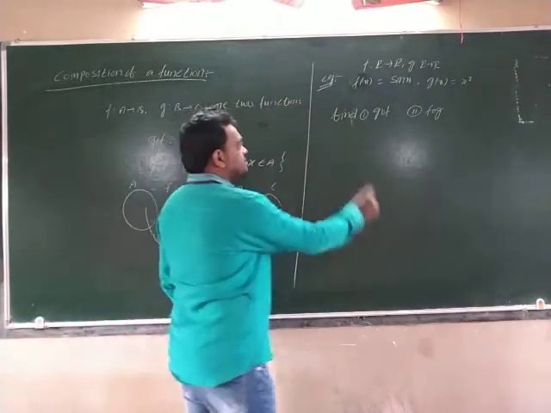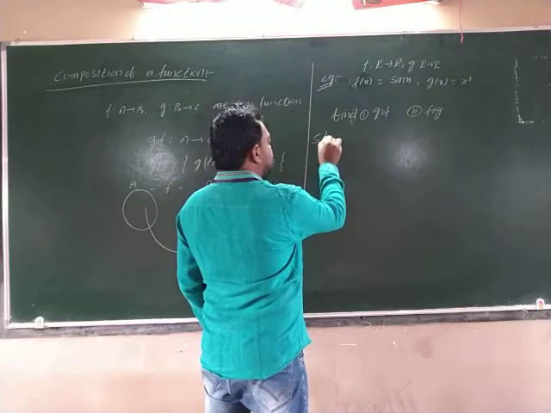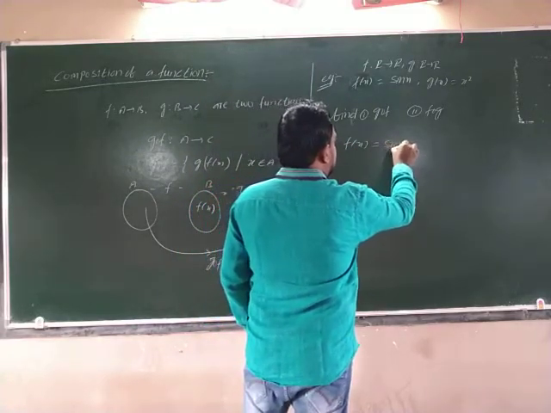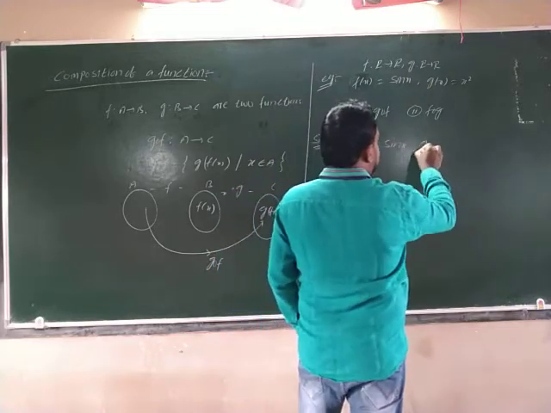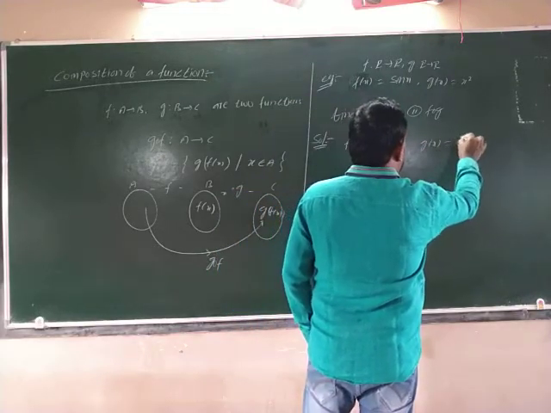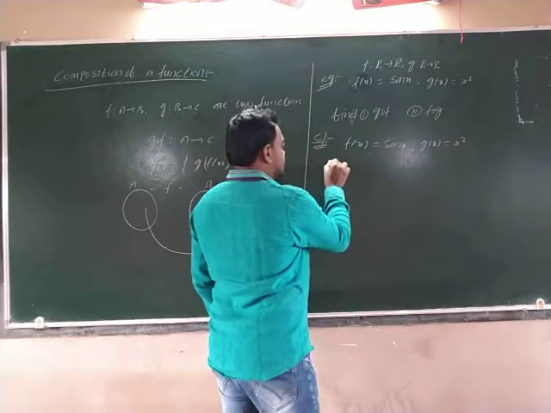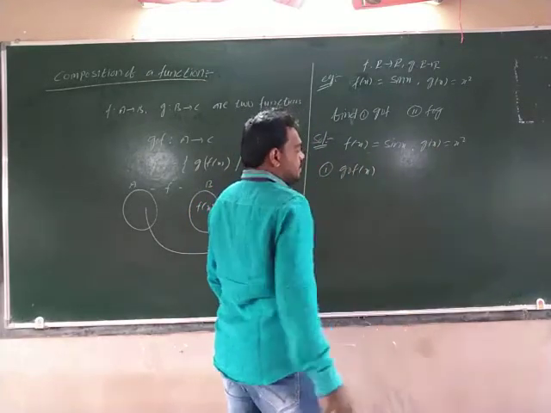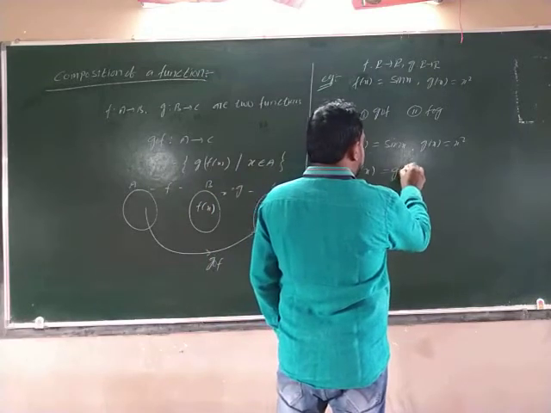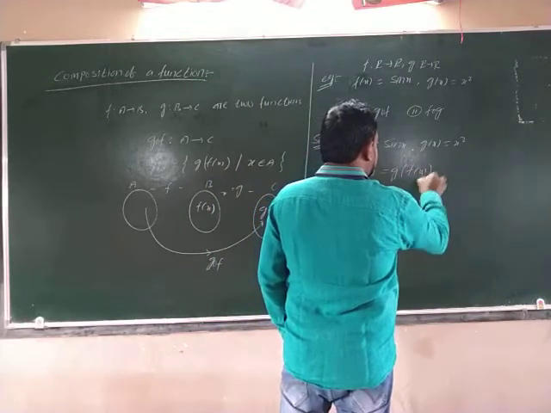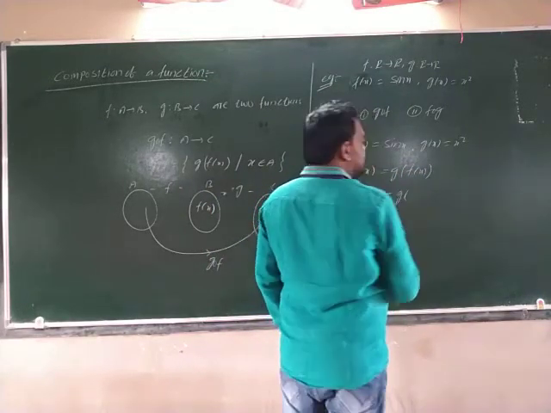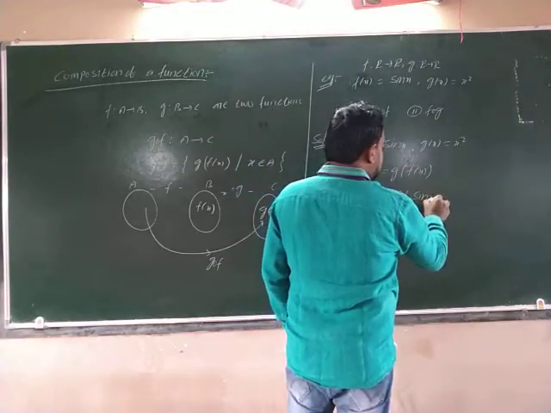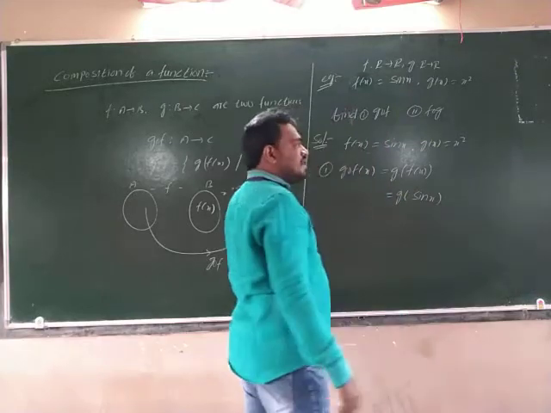How we find this is simple. Here, what is f of x? Sin x. What is g of x? g of x is x square. First one, g circle f of x is equal to g of f of x. g of f of x is g of sin x, since f of x is sin x.